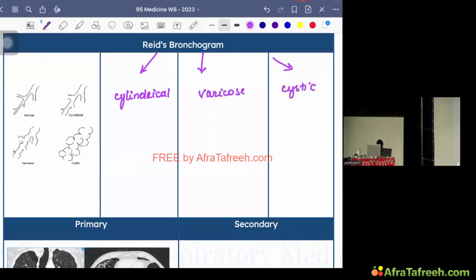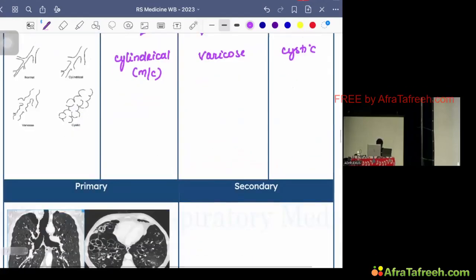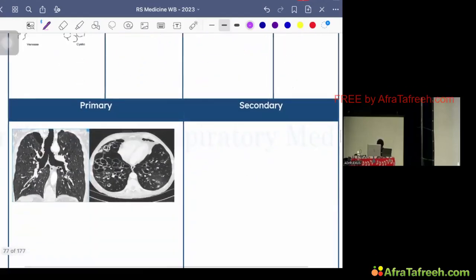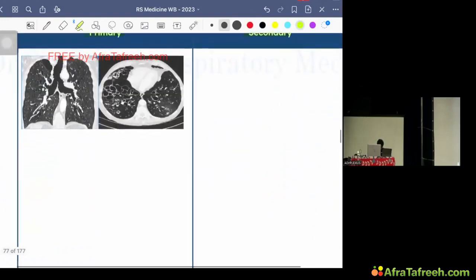Out of these, the most common one is the cylindrical type. You can divide bronchiectasis into primary bronchiectasis and secondary bronchiectasis. In primary bronchiectasis, you have the first condition called Mounier-Kuhn syndrome.